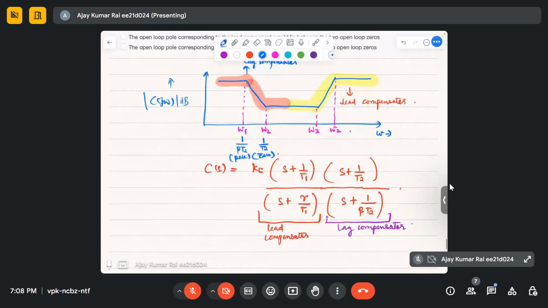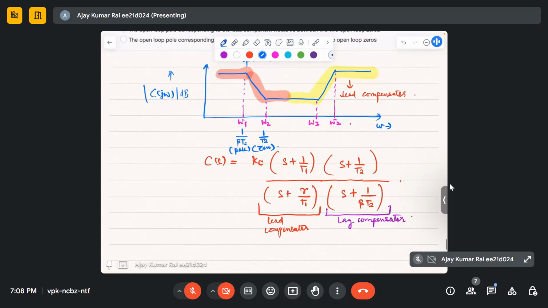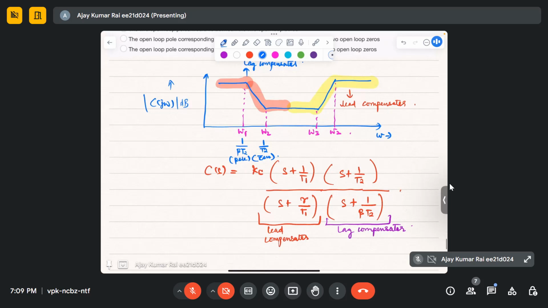And we go to omega 3. What will we encounter? Because now the magnitude is rising after omega 3, that means we have a zero, and that zero is 1 by T1. And this is the pole, gamma by T1.